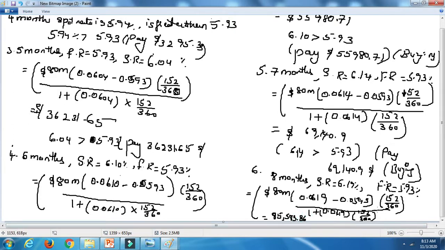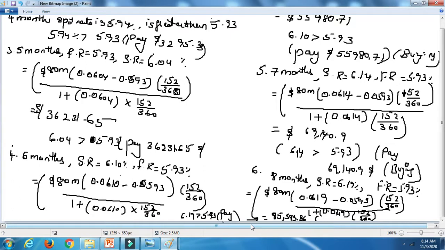So the thing is, first you have to divide, then subtract, then multiply, and divide again, then plus. You will get this value. 6.19 is more than 5.93. Pay this much amount.